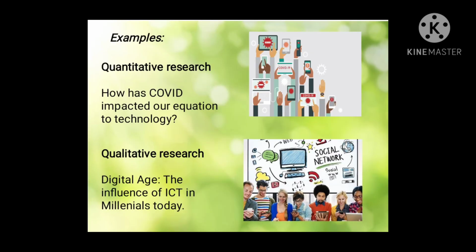I have provided an example of each. An example of quantitative research is: how has COVID impacted our education to technology? And in qualitative research: digital age, the influence of ICT in millennials today.